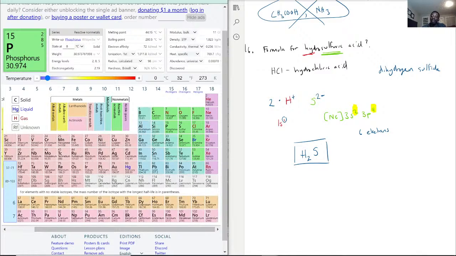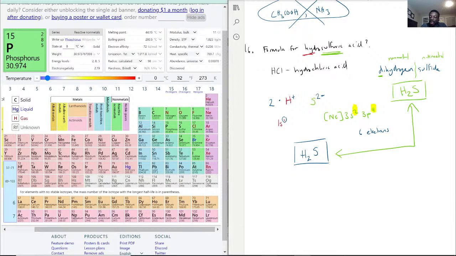Based on the naming rules for two non-metals, you need the di in front of it. You know for a fact it is not an ionic compound. Dihydrogen, di means 2, and sulfide is just one sulfur. So we get the same answer here.